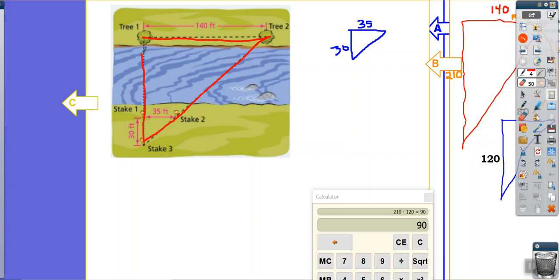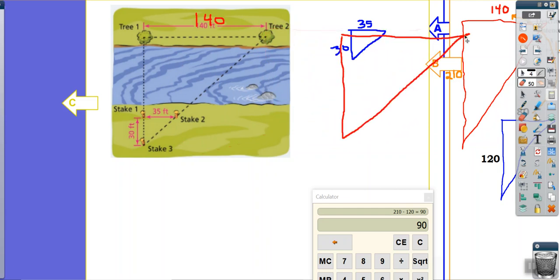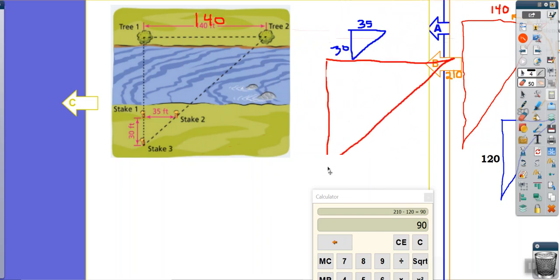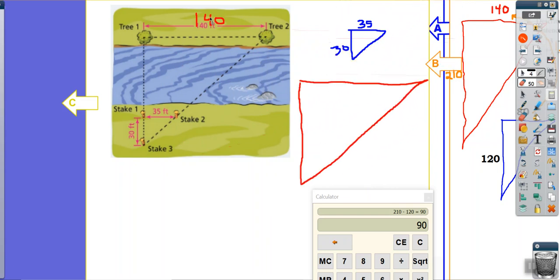All right. And we know this is again a 140. And we know that these two triangles are similar because the angles are the same. I'm going to have troubles with this one. There we go. So the angles are the same. These general shapes are the same.